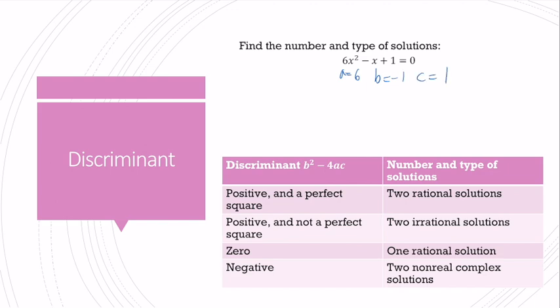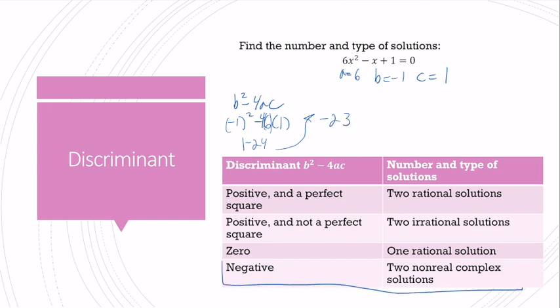So if I want to find my discriminant, it's just the part that's under the radical, that b squared minus 4ac. I'm going to have -1 squared minus 4 times 6 times 1. That gives me 1 minus 24. That gives me -23. So because it's negative, I'm going to have two complex solutions. That means there are no x-intercepts.